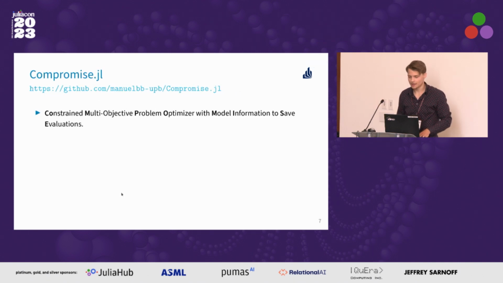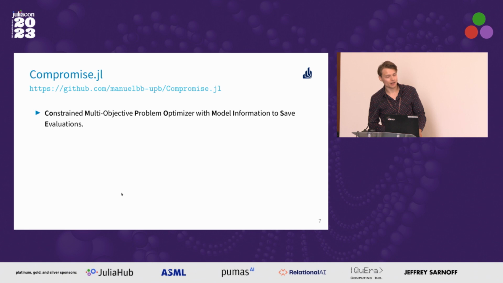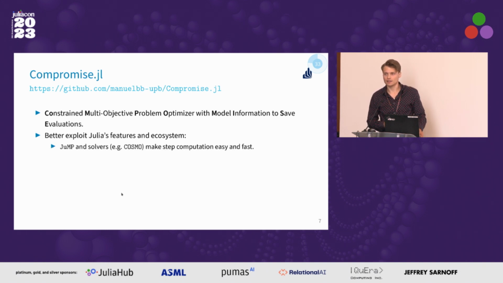It has a nicer name, a very nice acronym, I guess, Constrained Multi-Objective Problem Optimizer with model information to save evaluations. And we want to make better use of what Julia offers. What does Julia offer? Well, in particular, JuMP and all the solvers it offers are very well suited to the step computation problems that you saw earlier, and it makes it easy and fast to tinker with different descent methods.